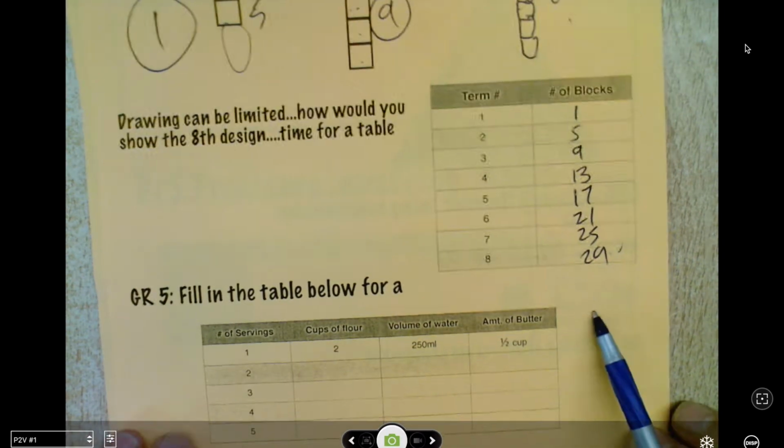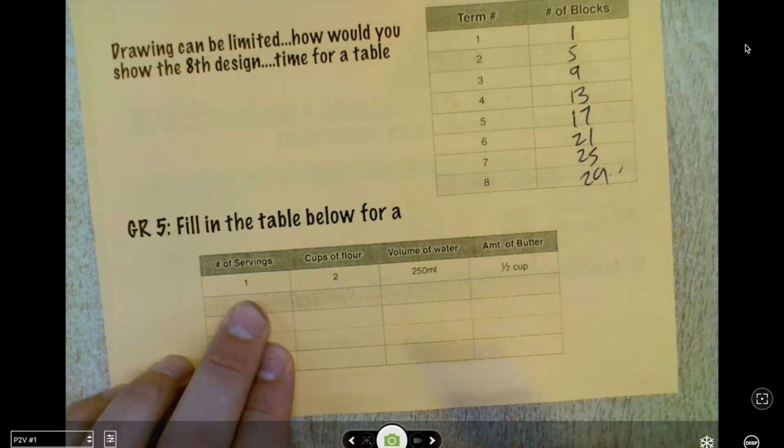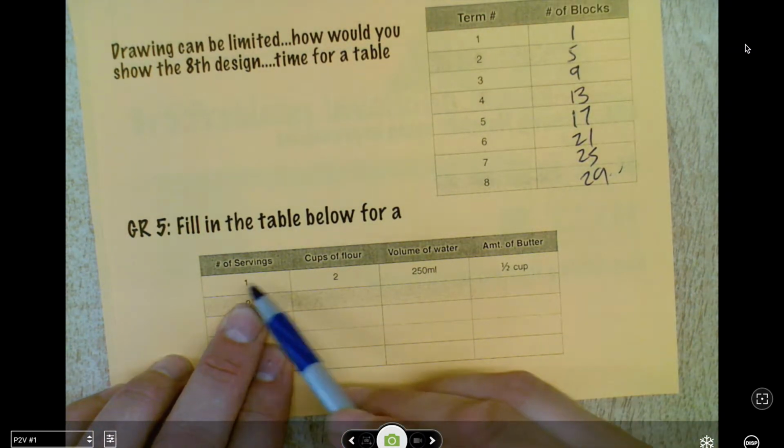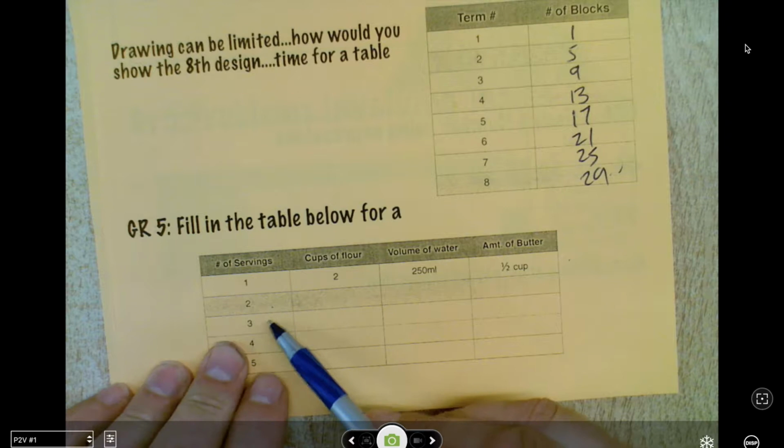Now, here's also a recipe that came up a lot in our work. Again, a table for a recipe. Usually here's a recipe for a number of servings, or like here's the recipe at 1 time, but sometimes we have to double the recipe or triple or so and so.